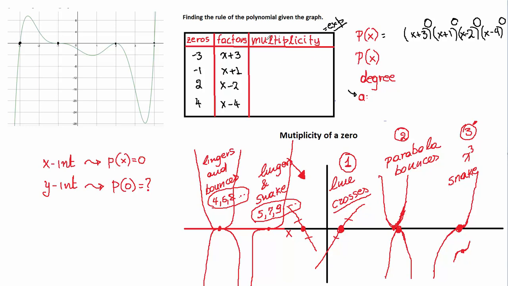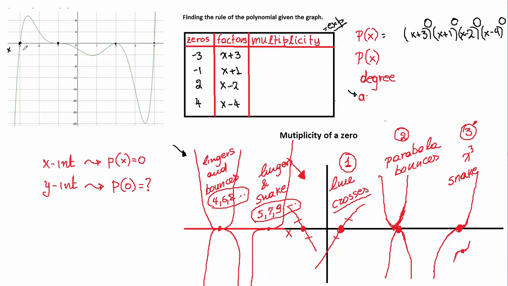To find the multiplicity, we look at our graph and we identify how the curve crosses the x-axis. So right here we have a table with possible multiplicities, and we need to match the case that we have on our curve.